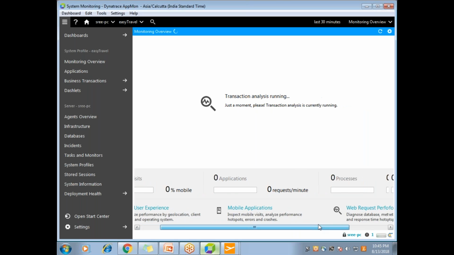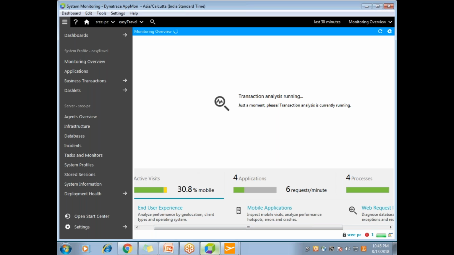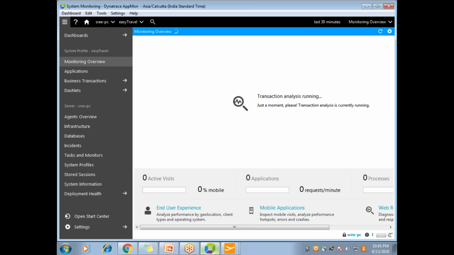I want to see that topology. Automatically the topology comes, but it is taking time. Why the topology?